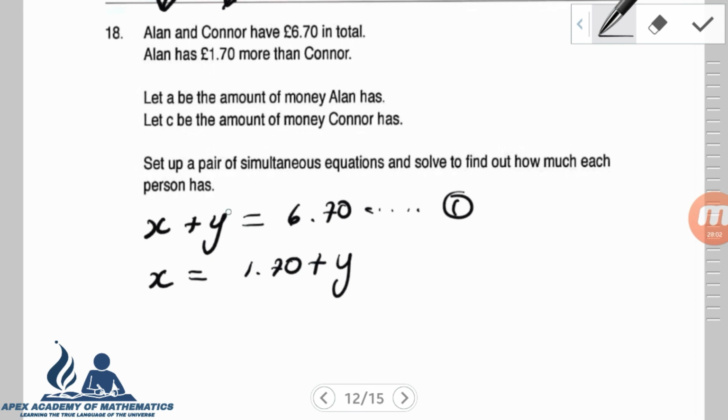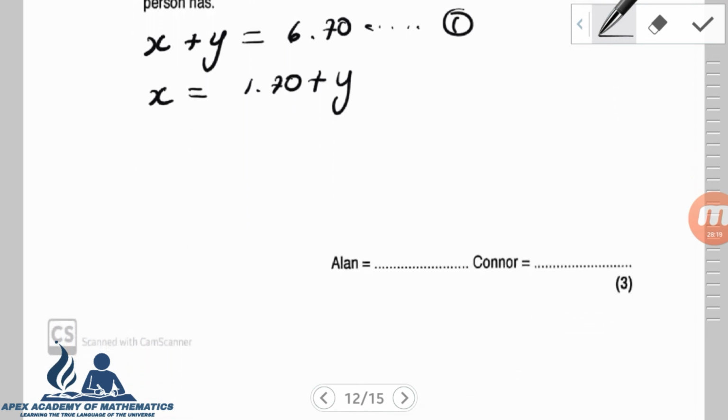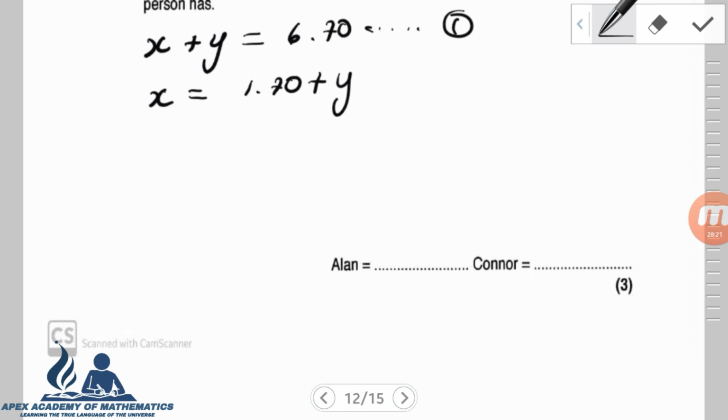But we know that Connor has Y, so whatever Connor has, £1.70 more is what Alan has. I'm hoping that that's clear for you. So if that's the case, then this is the situation that we have.